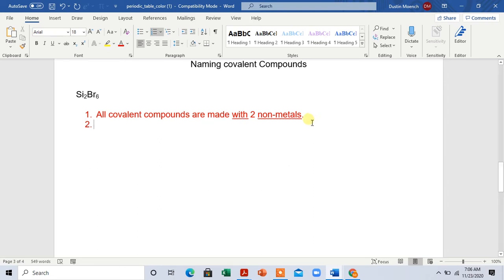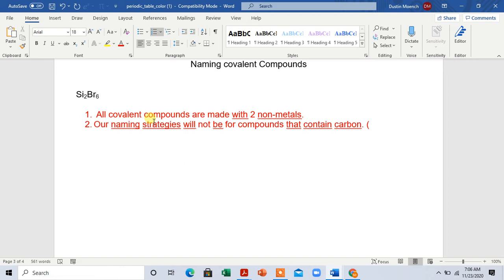Number two, our naming strategies will not be for compounds that contain carbon. We're not going to talk about how to name organic compounds, meaning those containing carbon, because that is a completely separate set of rules.